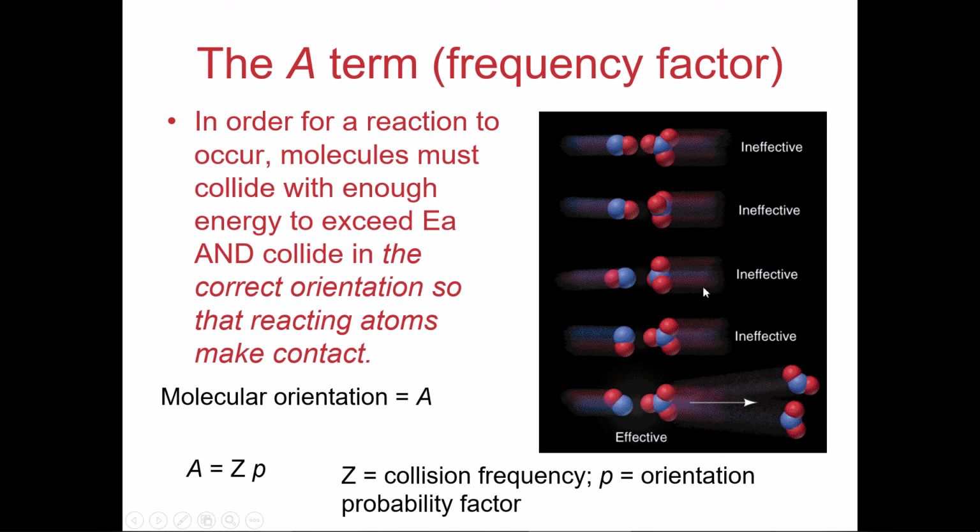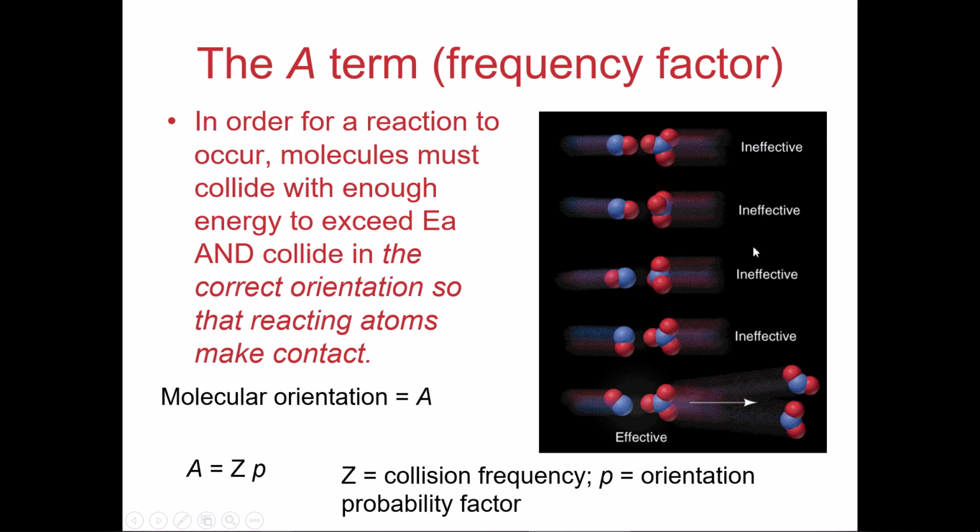So if we take the example over here in the picture, let's say we have 5 potential orientations for a collision, but only one out of the 5 is successful. The other 4 are ineffective. So we would say the probability of a good successful collision is 1 out of 5.